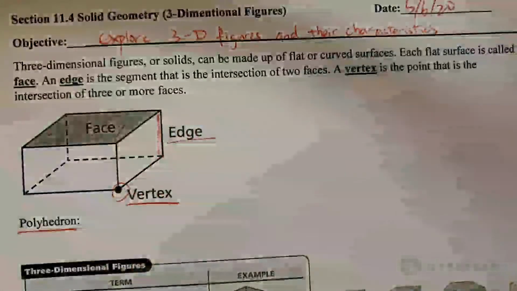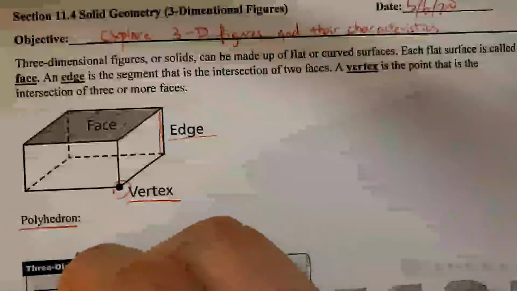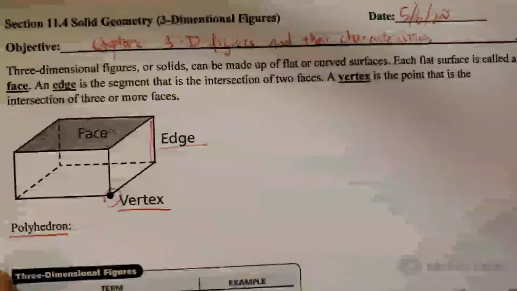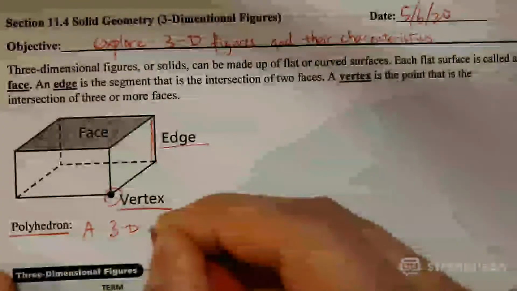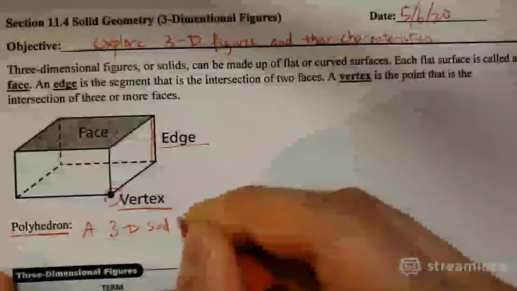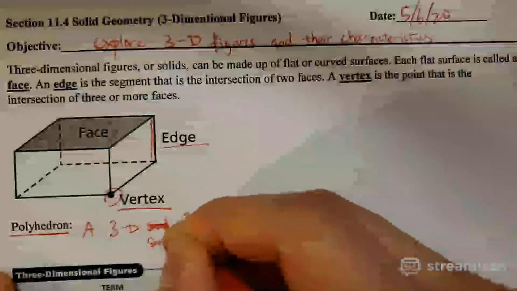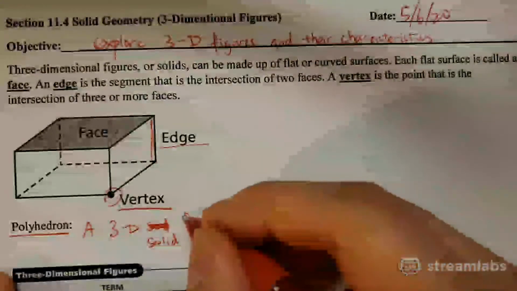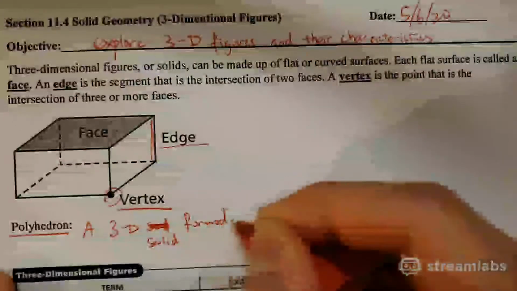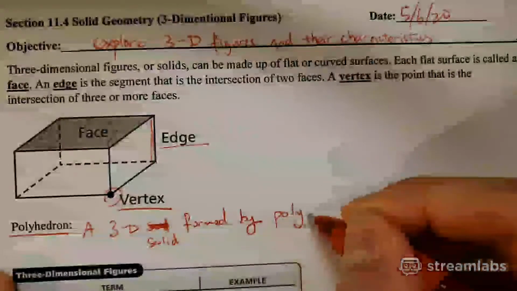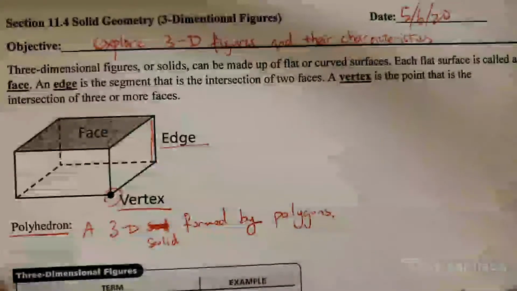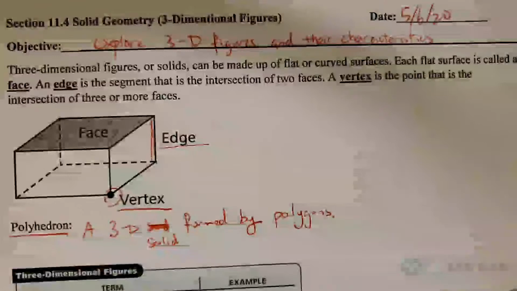Okay, so polyhedron is basically a three-dimensional polygon. It's a 3D solid, not sold, solid, formed by polygons. Okay, formed by polygons.